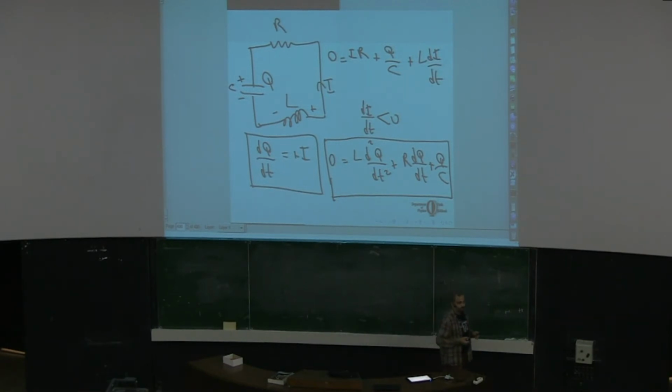Now, any questions on this one? How do we determine the signs? Here, in order to determine the sign of this L di by dt term, we kind of used a trick. You see, this equation is valid whether di by dt is less than 0 or greater than 0.